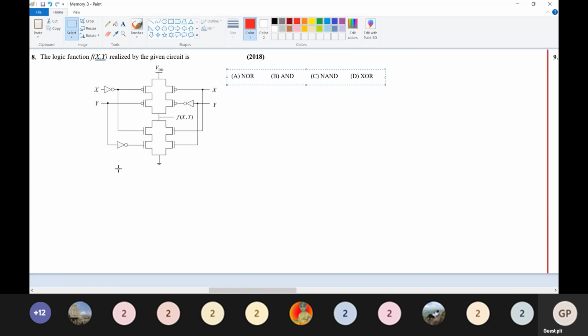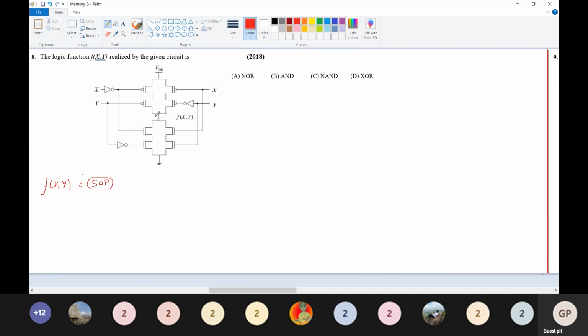So first we are going to consider this NMOS circuit, and the inputs are the inputs of f of x, y is equal to. As I already told you, it's nothing but the complemented function of the SOP expression.